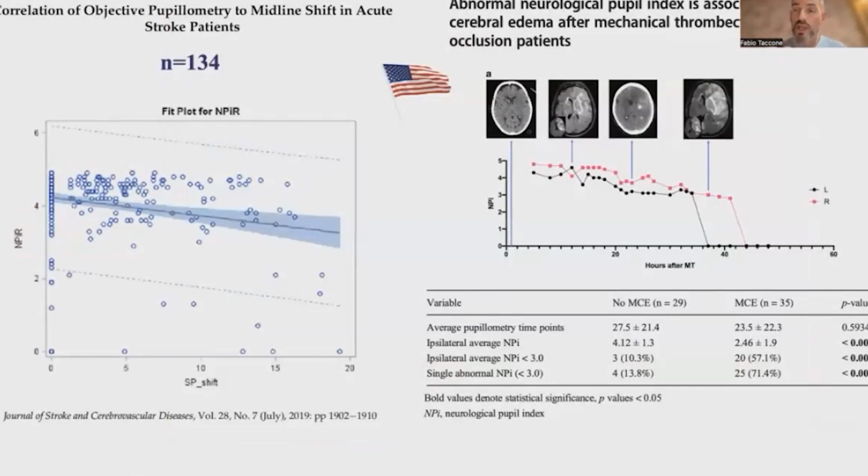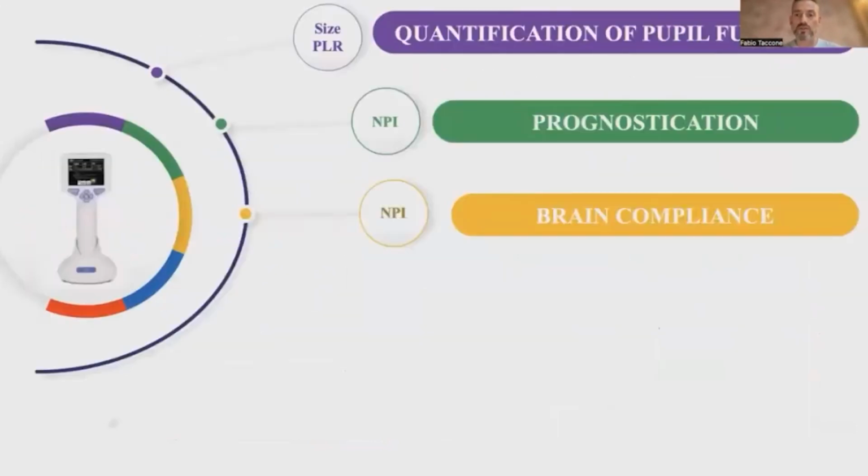So it could be really used as a tool to understand the tolerability of ICP in that individual patient. So clearly NPI could be used for brain compliance. Of course, we need more interventional studies to see how NPI reacts to our interventions.